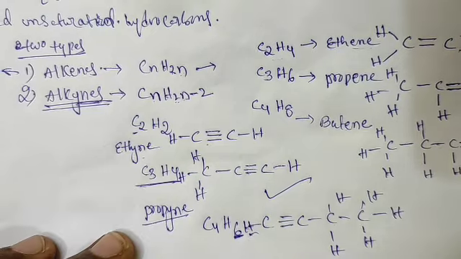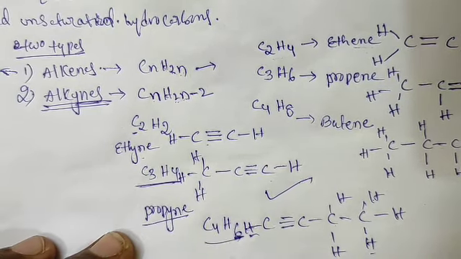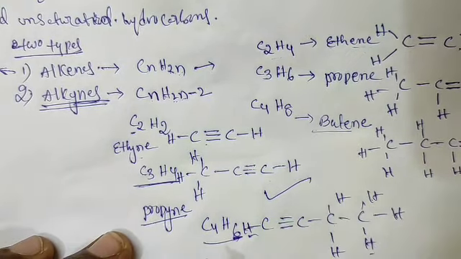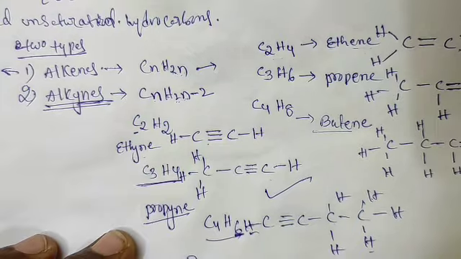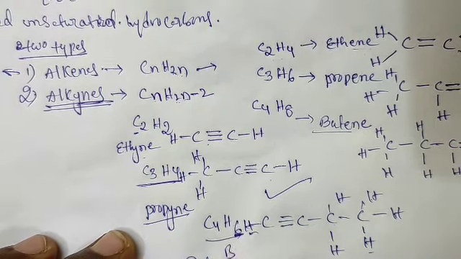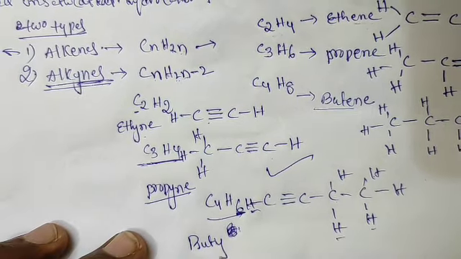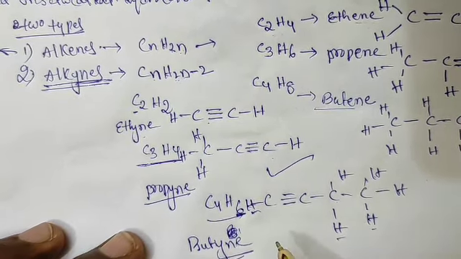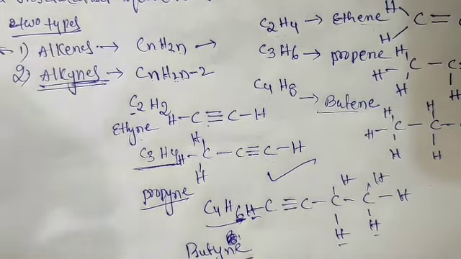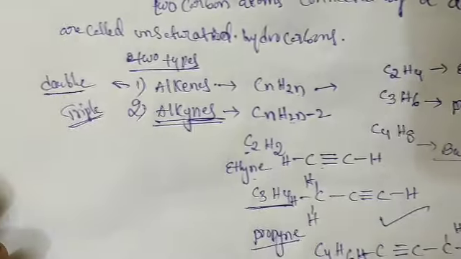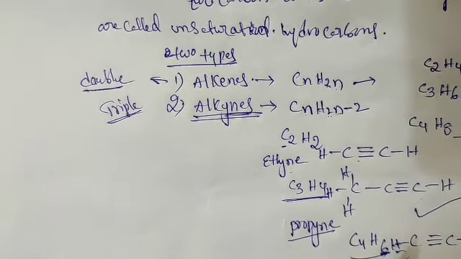So 4 carbons, what will we call it? Butene? No, double bond means ene, triple bond means yne, so butyne. So this is about unsaturated hydrocarbons. Alkynes have some properties that we will see.